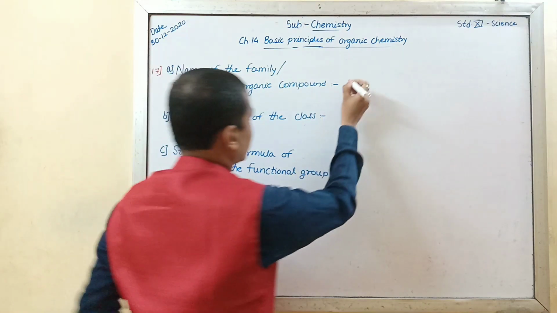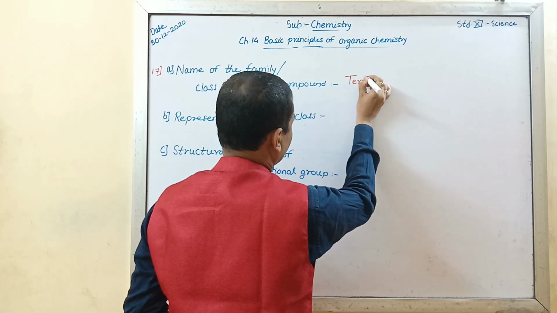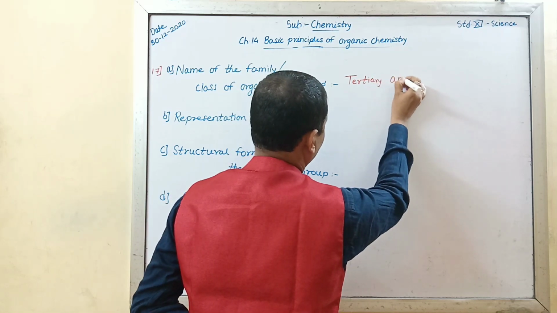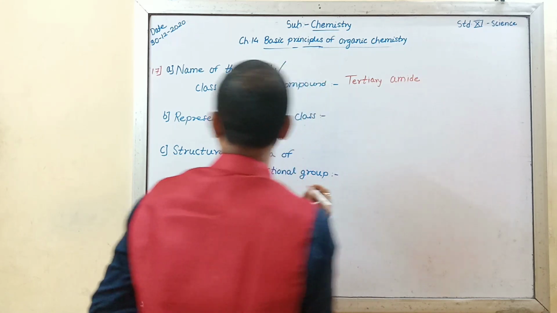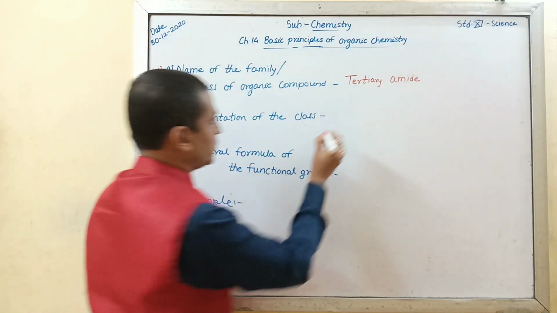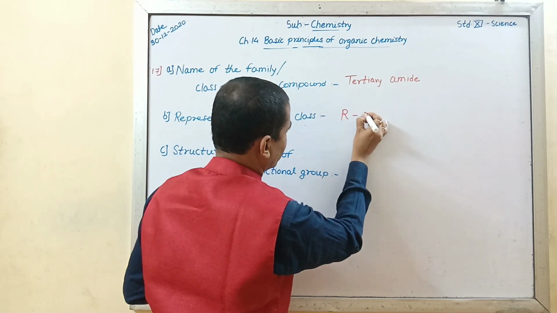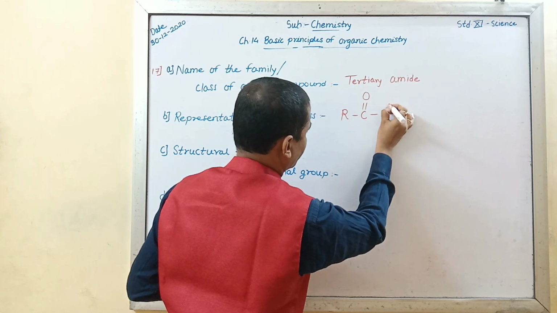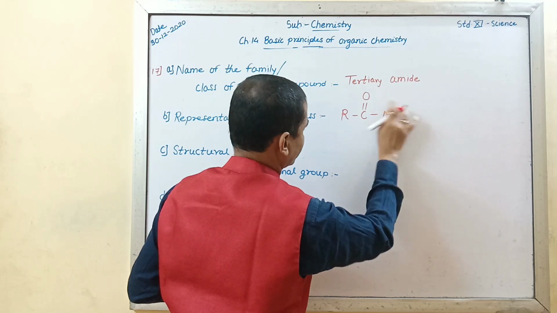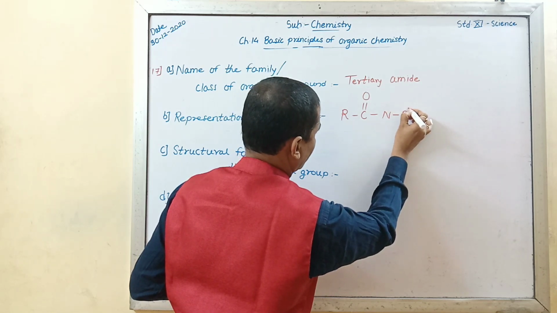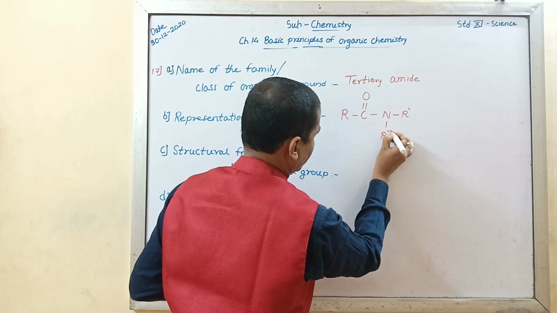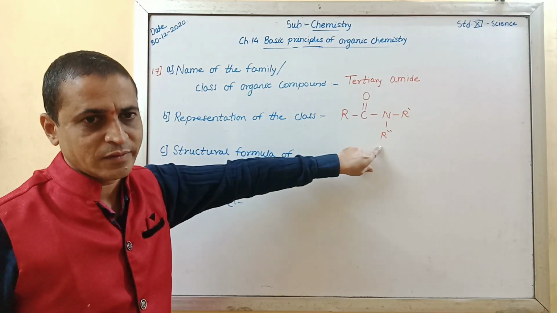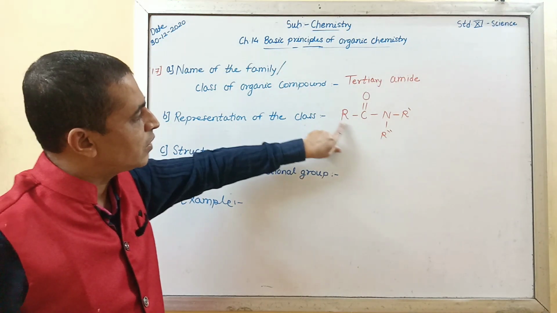Name of family. We'll start with tertiary amide. Now the representation of this tertiary amide can be written as R CO N R dash R double dash, where R dash and R double dash represent alkyl groups.